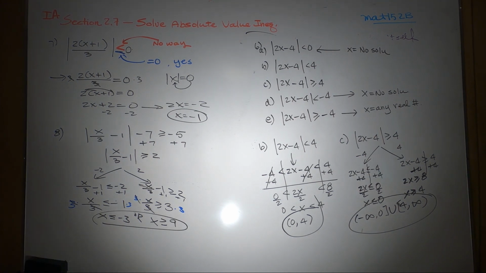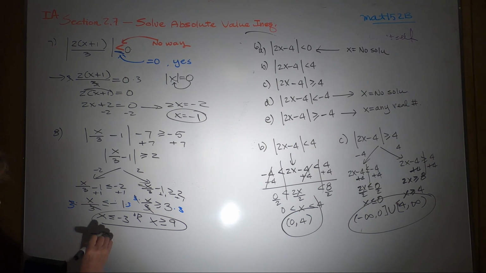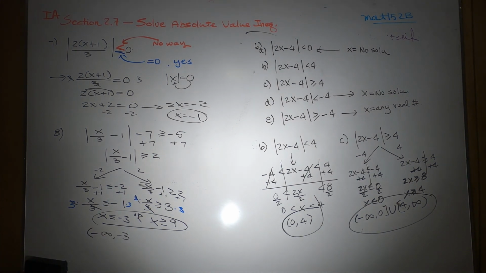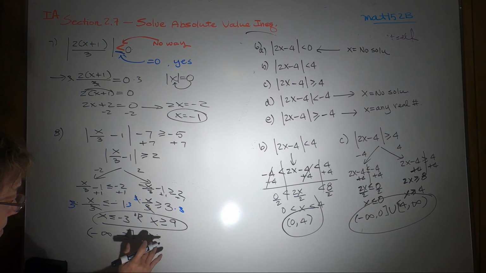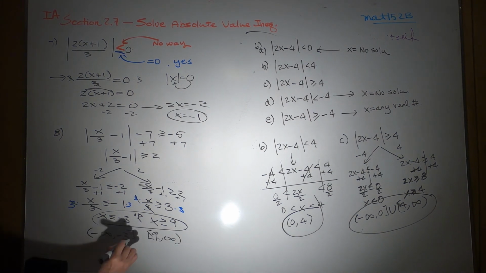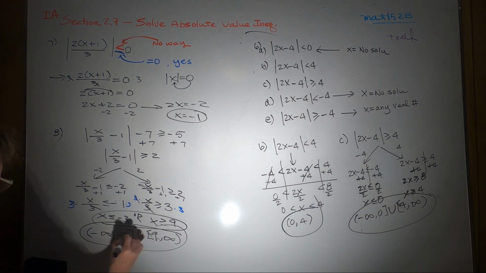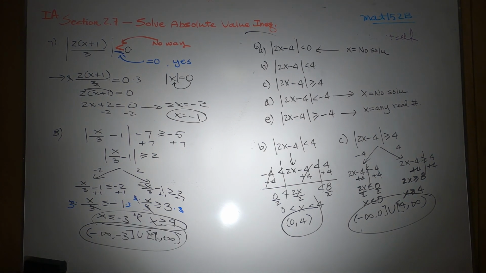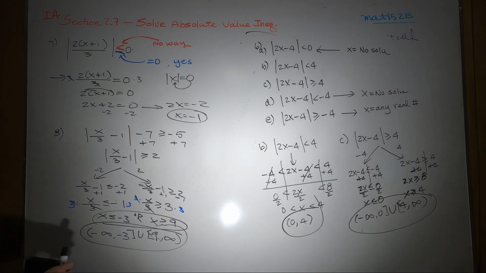Then also you will show it in interval notation. That will be negative infinity to negative 3, parenthesis for infinity sign, bracket here, and here will be at 9, right? Bracket to infinity, then with what? Union sign, right? That's how we show them.